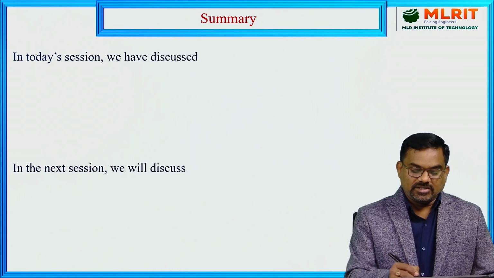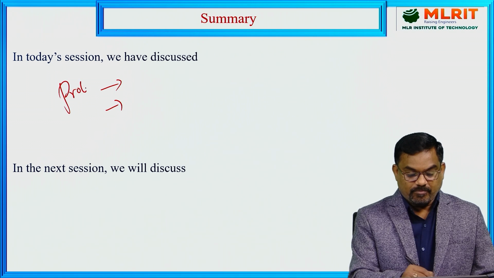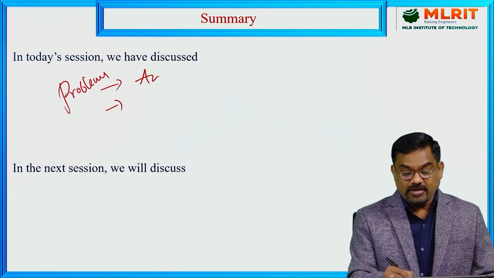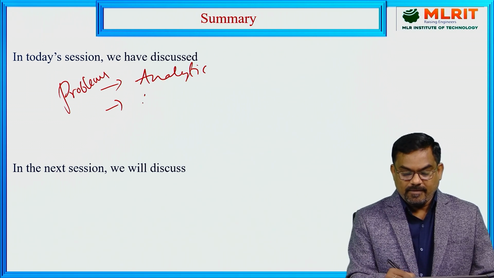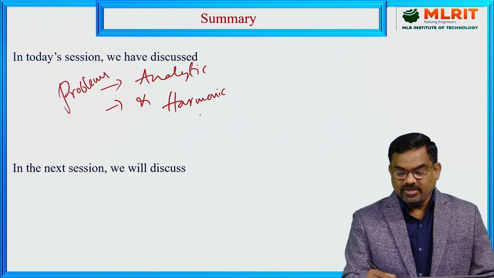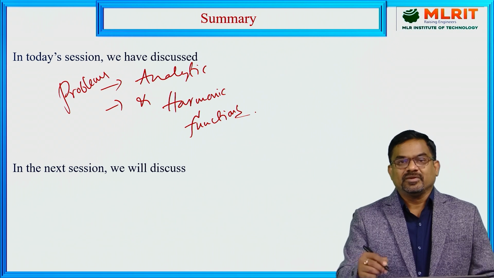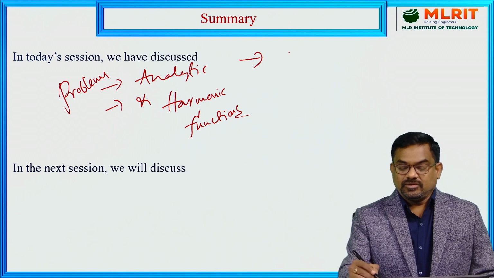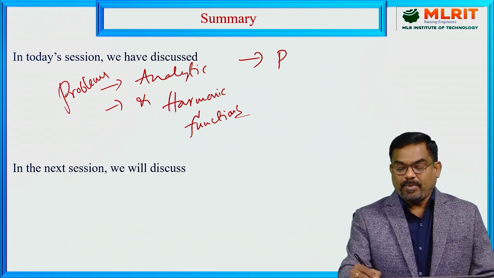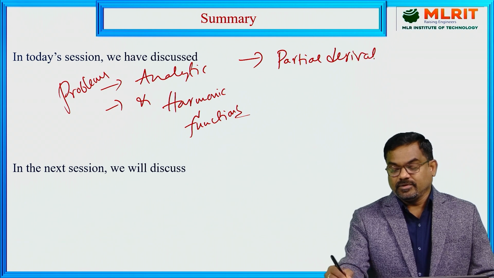So today in this session, we have solved some problems on analytic and harmonic functions. So to deal with these analytic and harmonic functions, the first thing is you should know how to find the partial derivatives.